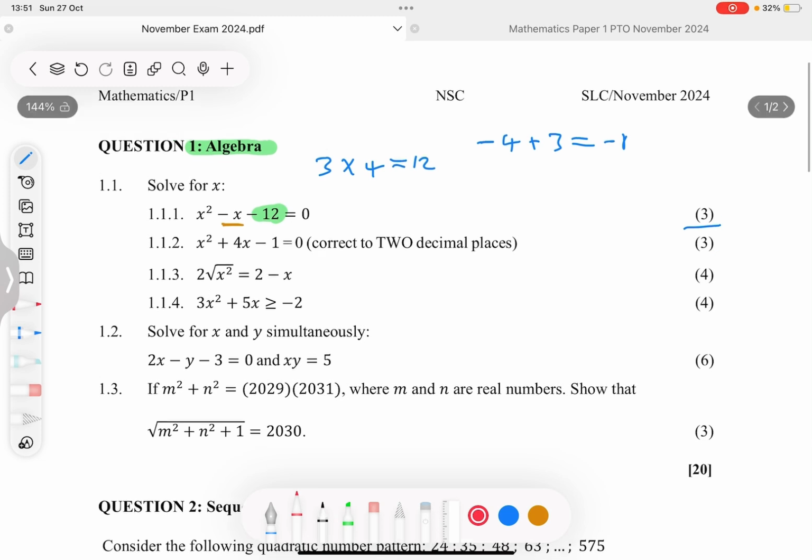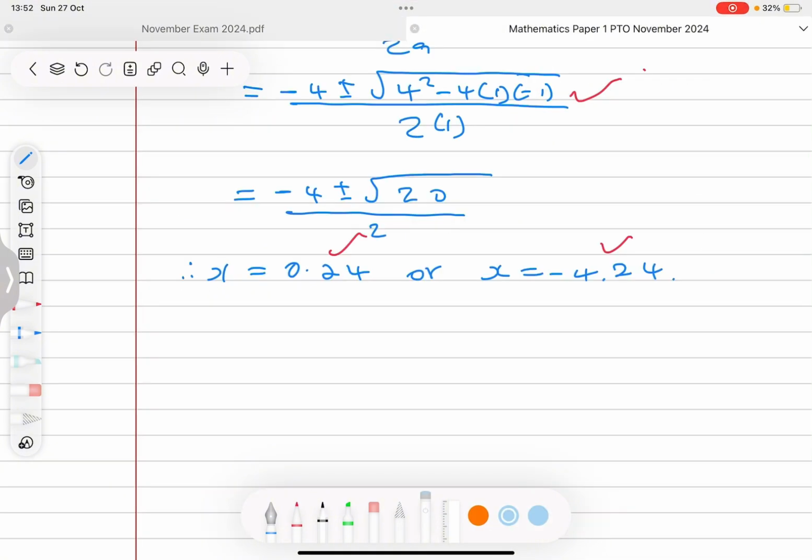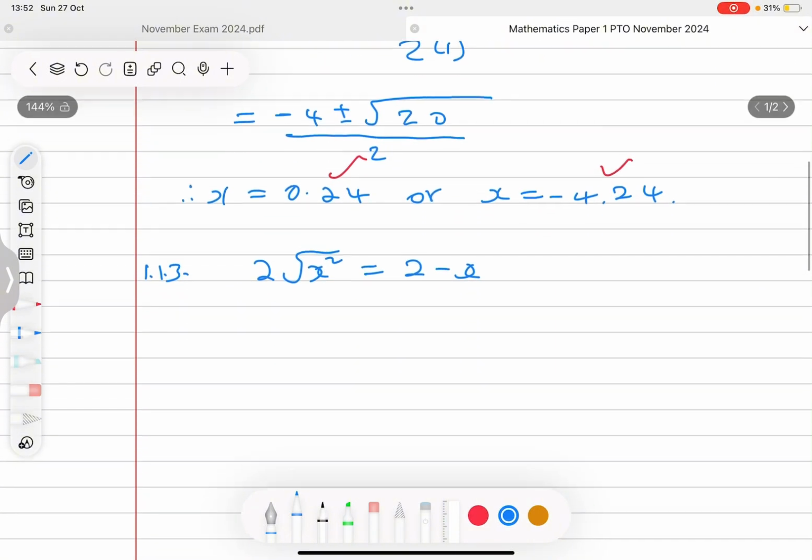We then have question 1.1.1.3 that says we have a square root of 2x squared is equals to 2 minus x.